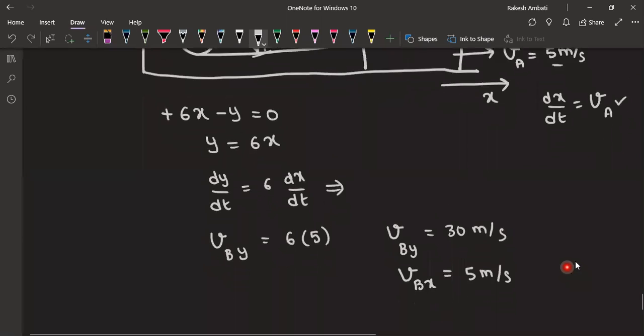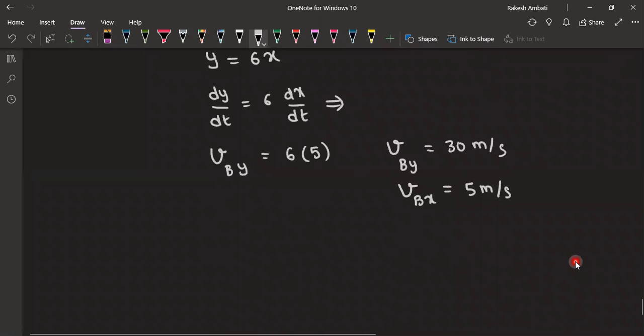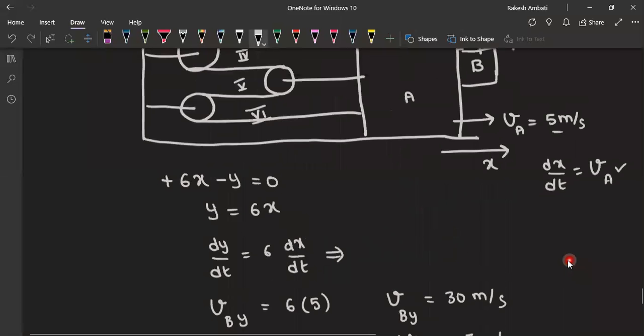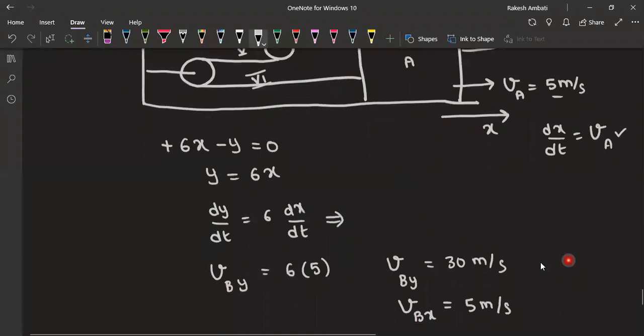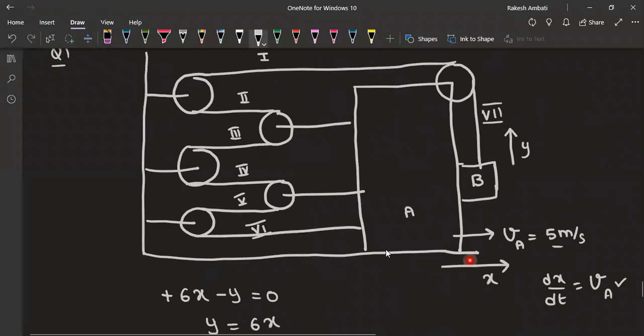Therefore, block B's velocity in vector form is 5 i cap plus 30 j cap.